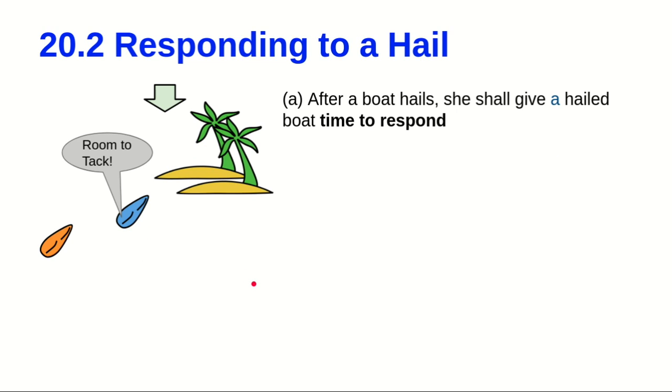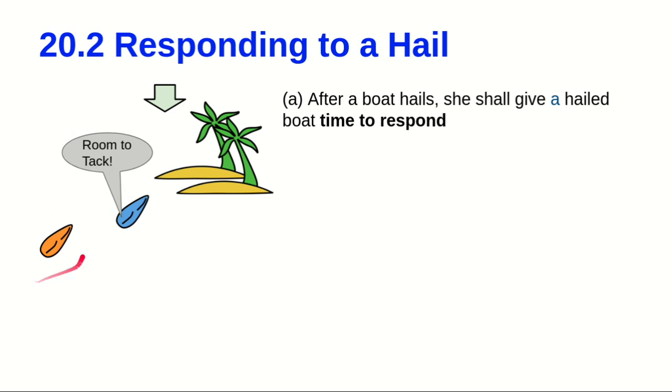Okay, now that we've understood when Rule 20 applies, we can see what it means when it applies. So we look at Rule 20.2, responding to a hail. After a boat hails, she shall give a hailed boat time to respond. So once blue has hailed for room to tack, she can't just immediately tack over.